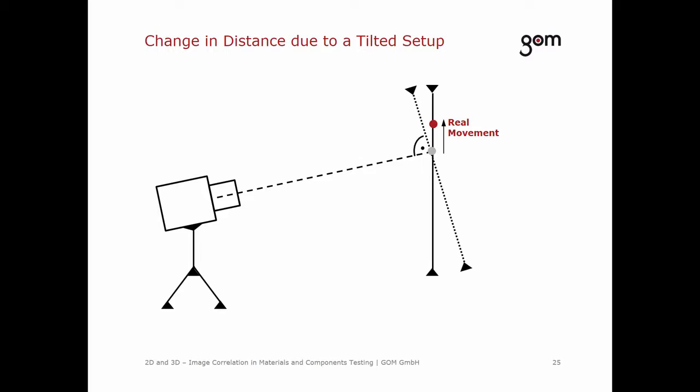Therefore, in the 2D measurement, the camera interprets a different movement of the point. The point is projected onto the specimen. This leads to an out-of-plane error. As a result, we have a higher strain in this case, as the calibrated plane moves towards us.